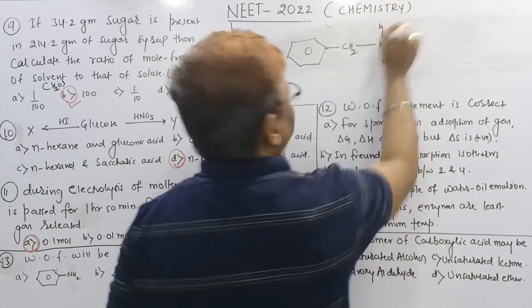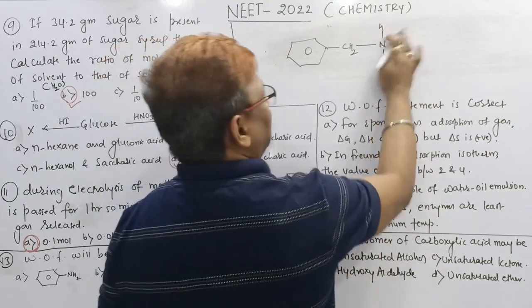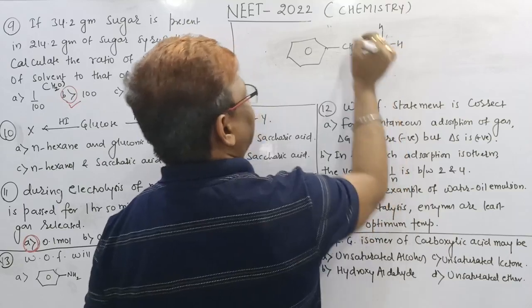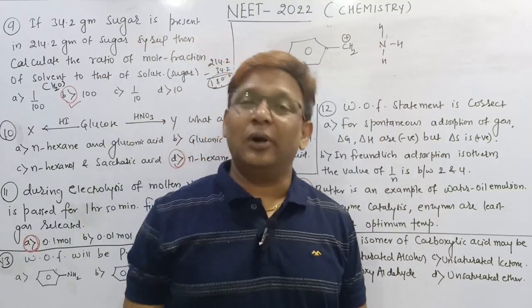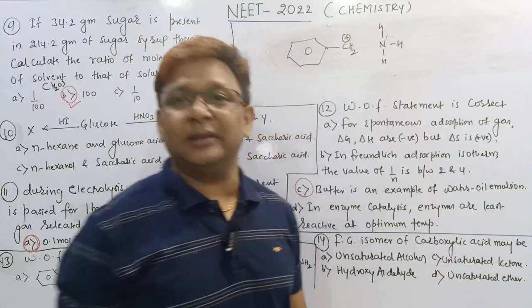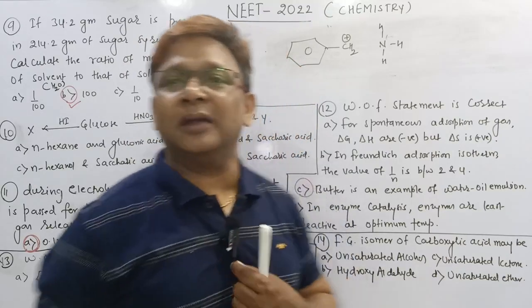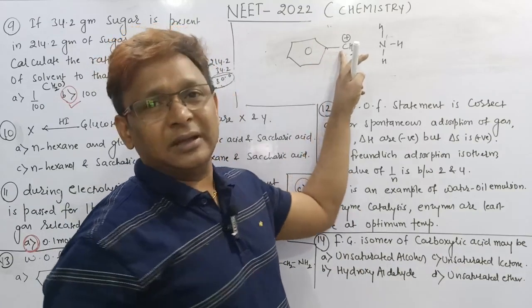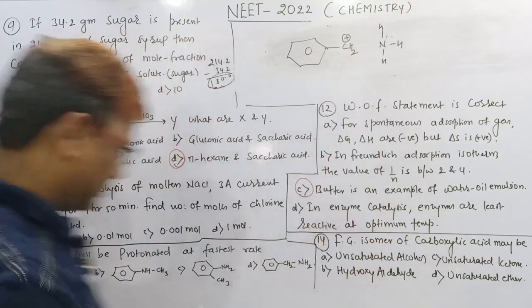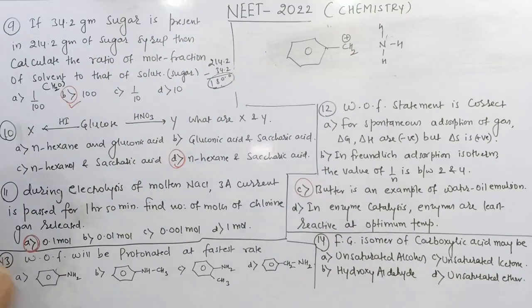So there is positive charge on the nitrogen, highly unstable, it takes the electron from the adjacent carbon and we get the positive charge on this one. It is called a benzyl carbocation, which is a highly stable carbocation. Any molecule wants to form the stable carbocation, so option D is the correct option because it forms the highly stable carbocation and it will be protonated at the fastest rate. Option D is correct here.